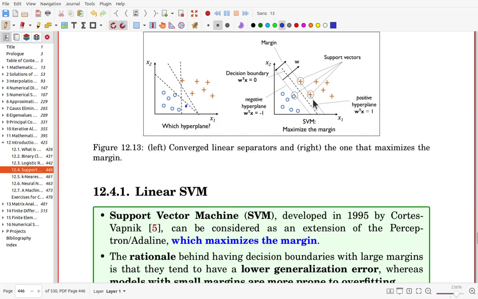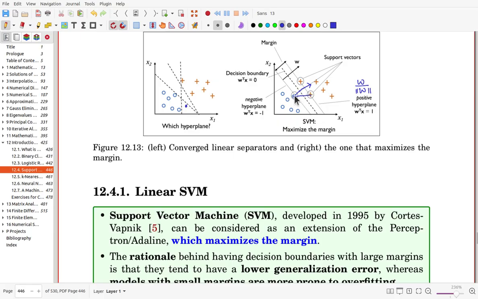For example, now x plus minus x minus will be this vector. And W for these lines is a normal vector. Now W over its norm length is a unit vector in the normal direction of the hyperplanes. So this vector is projected onto this line.